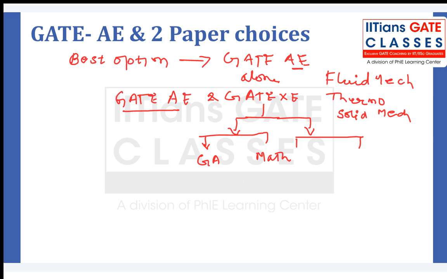Now you all know that when you study for GATE AE, all these three subjects overlap, mainly fluid mechanics and solid mechanics. Thermodynamics we don't study to that extent. If you are a mechanical guy, or writing primary as GATE ME, then by default GATE XC is covered. But in the case of aerospace guys, it is not covered entirely.